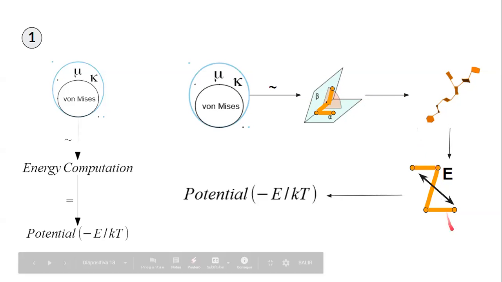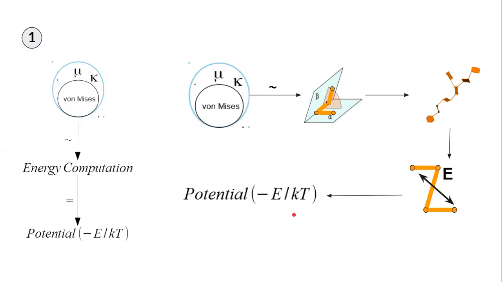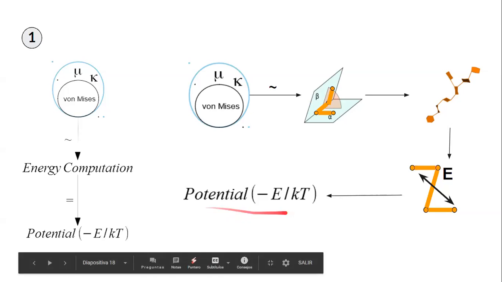The energy of the resulting structure is computed, and then the potential. PyMC3's potential allows us to assign higher probability to low energy structures. So in this model, the only restriction the sampler finds is that of the energy of the proposed structures.